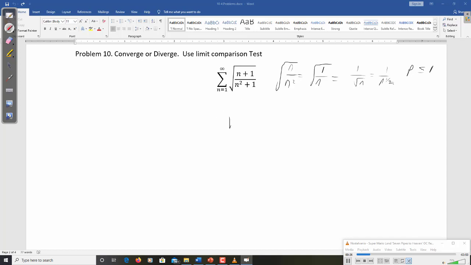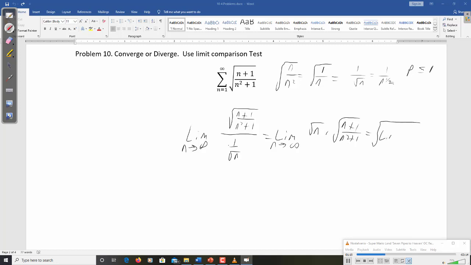So then, let's compare. So I got square root n plus 1 over n squared plus 1, over 1 over square root n. We want to take the limit as n goes to infinity. Well, that is the limit as n goes to infinity of the square root of n times the square root of n plus 1 over n squared plus 1. Which is, I'm going to multiply this in and take the limit inside the root.